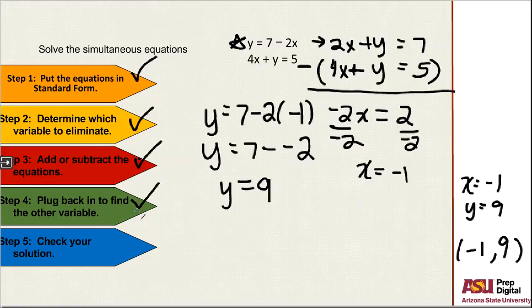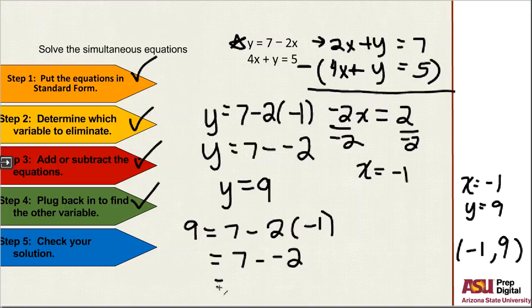Now our last step, again, this can be done on the calculator, it doesn't have to be handwritten, is to check our solution. I'm going to plug in and see if I get true statements. For the first one, does 9 equal 7 minus 2 times negative 1? This one's a little messy looking, but we did just do this, and we have a true statement, 9 equals 9.